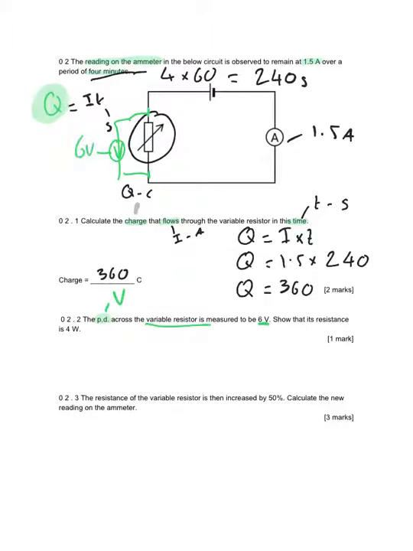Show that its resistance is 4 ohms. Well, unfortunately there's just been an error here, so as it's been copied into the document, it's not done this symbol. So show that the resistance is 4 ohms. Don't get confused with that W. It suggests that it might be power, but it is actually ohms. It's just the way that it's copied across. It's not copied the symbol correctly.